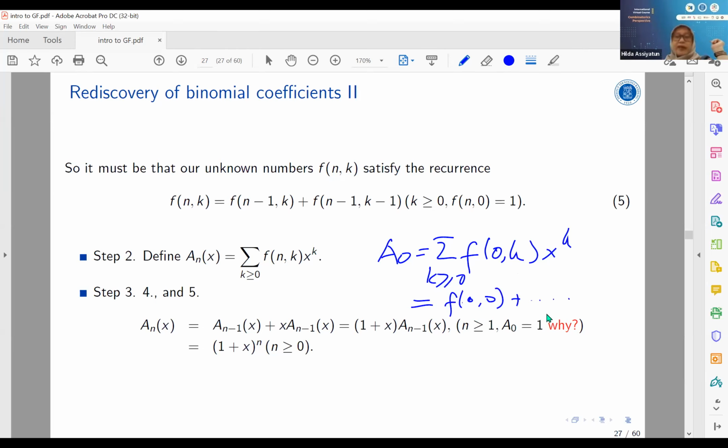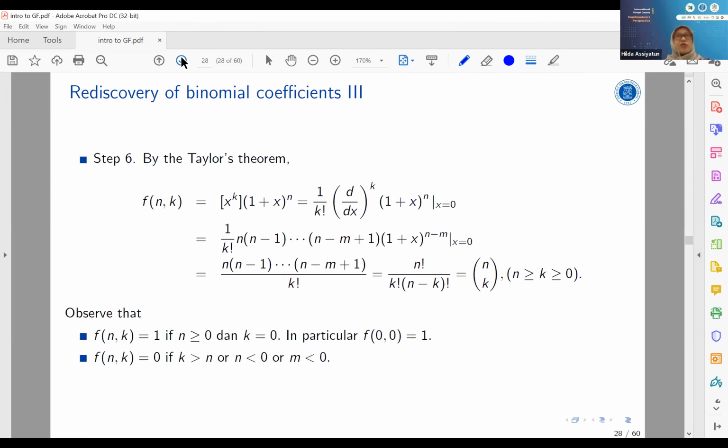That's why we have a0 is 1. Now from this relation, iteratively we can get a n x, which equals 1 plus x to the n, valid for n at least 0. So this is the generating function of our sequence.